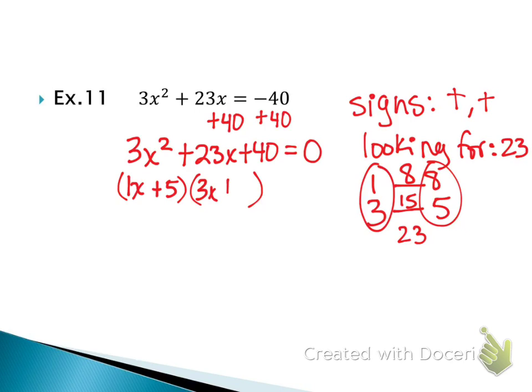Very good. Plus 5 and plus 8. At the end of this, I still need it to be equal to 0. Once we're done factoring, we're ready to, not ready to solve, write equations. We're ready to write our equations.